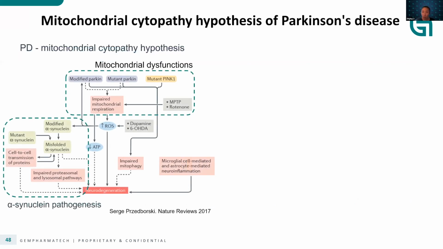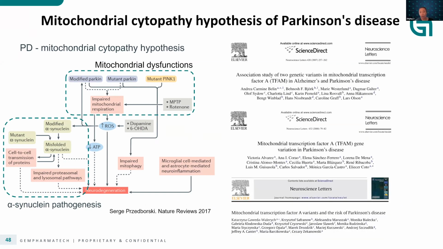And finally, alpha-synuclein is one of the hypotheses that leads to dopaminergic cell death. Another one is mitochondrial homeostasis. There have been several papers talking about the TFAM gene and its activity or implication in Parkinson's disease.